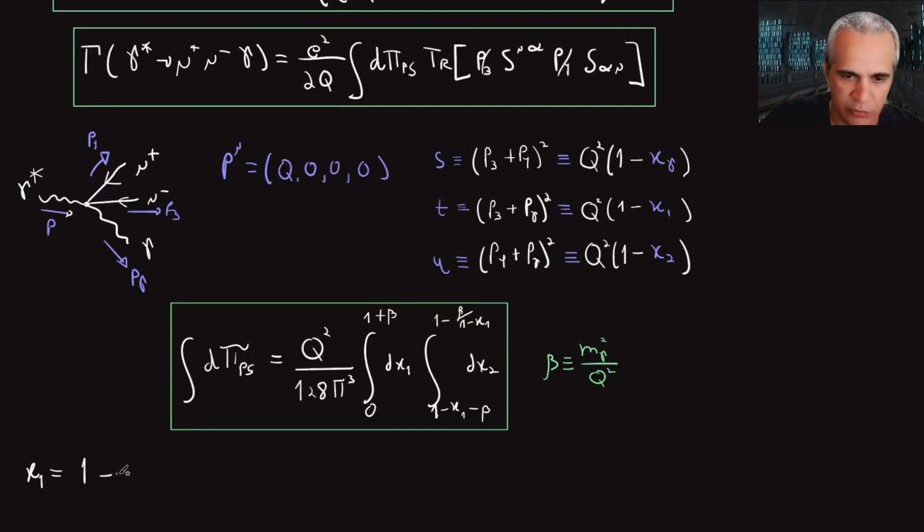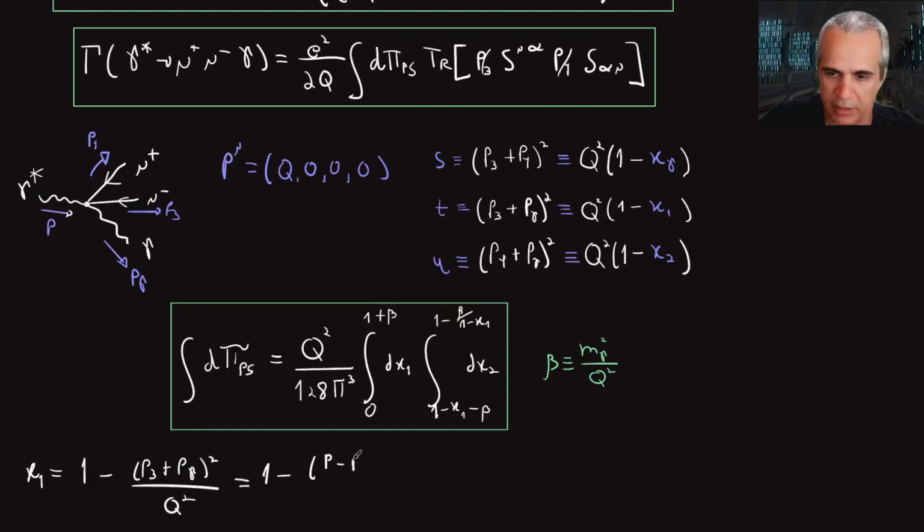X1 is just 1 minus (P3 plus P gamma) square over Q square, right? If I open this, I can rewrite P3 plus P gamma as P minus P4 just by momentum conservation, right? Because P is equal to the sum of the other three, right? Over Q square.